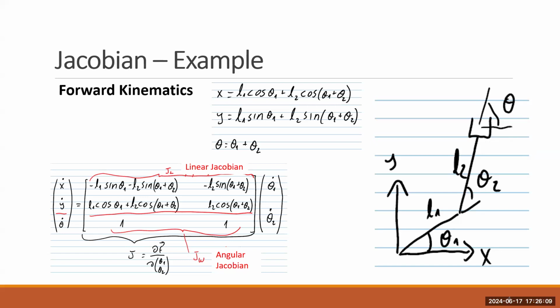The next column is the derivative with respect to theta 2. Therefore, we have here just the derivative of the second part, which depends on theta 2: minus L2 sine of theta 1 plus theta 2 times theta 2 dot, as you can see here. This is how we do this.